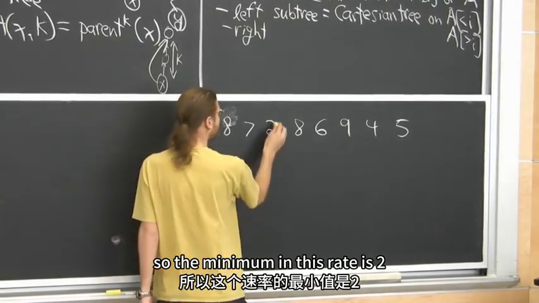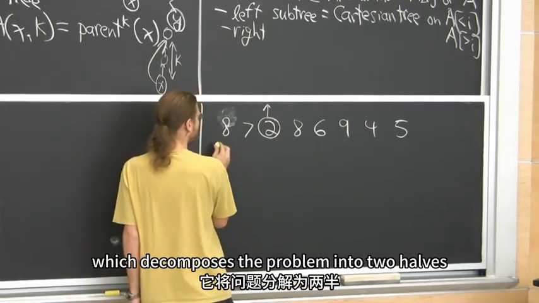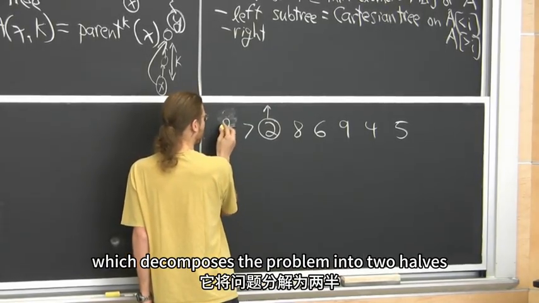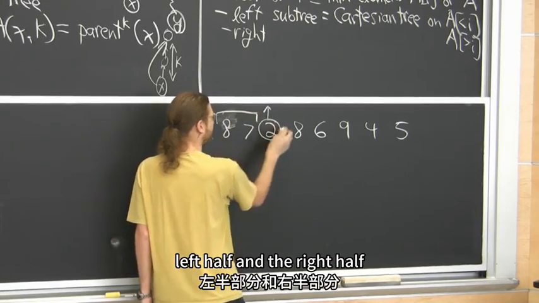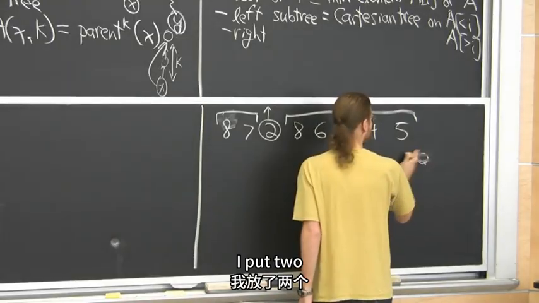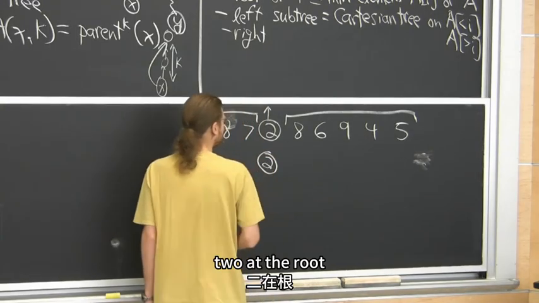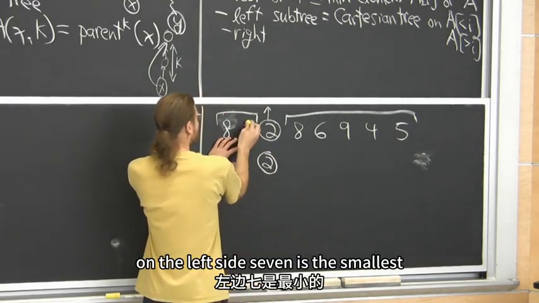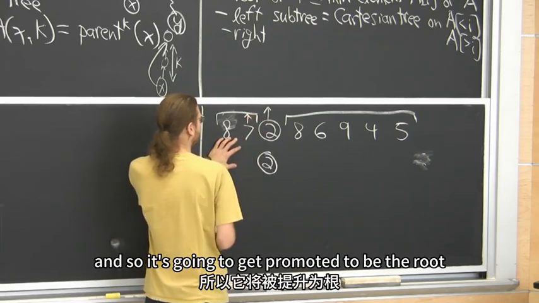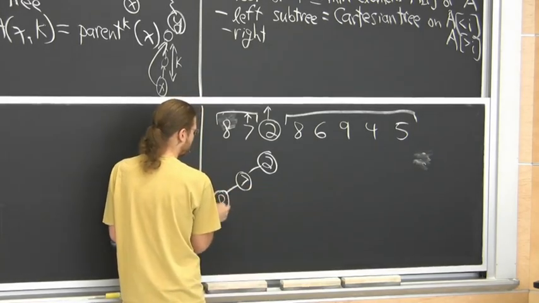So the minimum in this array is 2, so it gets promoted to the root, which decomposes the problem into two halves, the left half and the right half. So drawing the tree, I put 2, maybe over here is actually nicer. 2 at the root. On the left side, 7 is the smallest, and so it's going to get promoted to be the root. And so the left side will look like this.